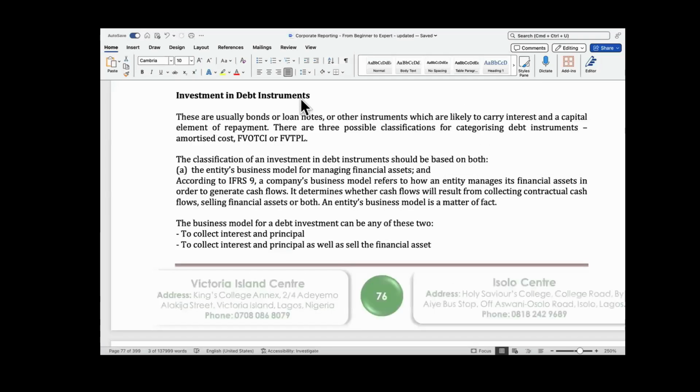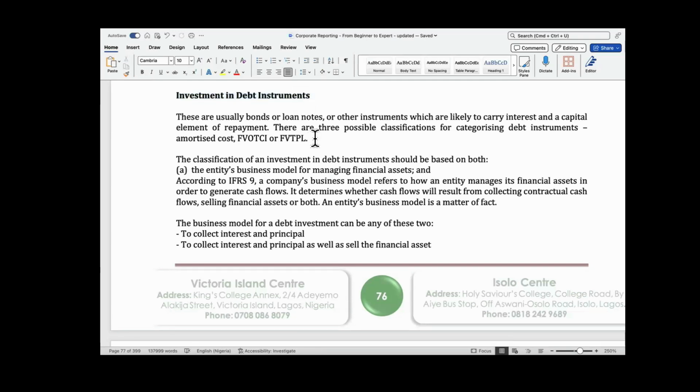So if your investment is in a debt instrument, like maybe you bought federal government bonds, or you bought commercial paper in a company, or you bought loan notes, how do you deal with those?